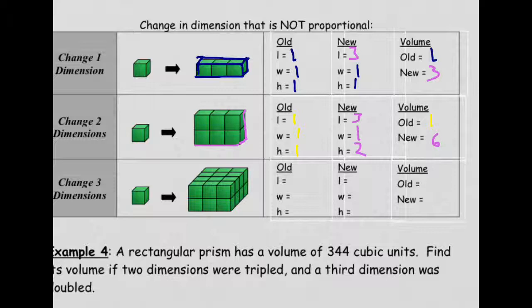So basically, guys, to find the change in volume of something that's not proportionally changing all at the same time, just multiply what you multiply each side by to get that volume.